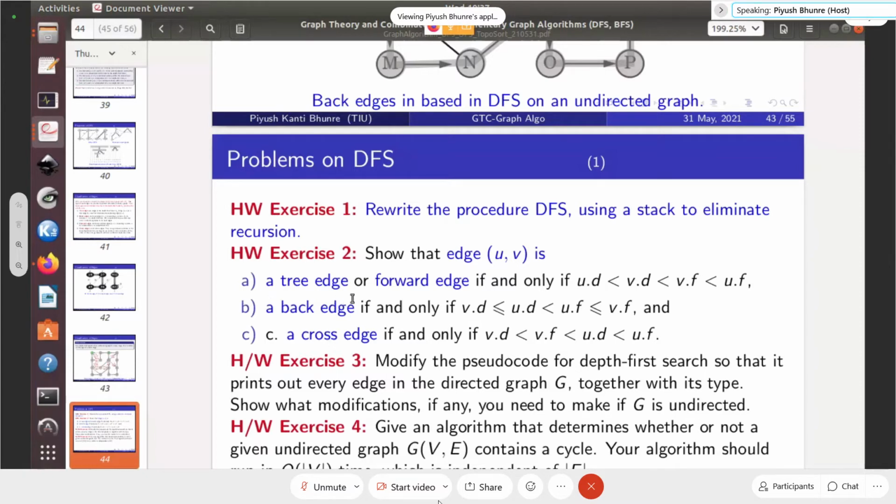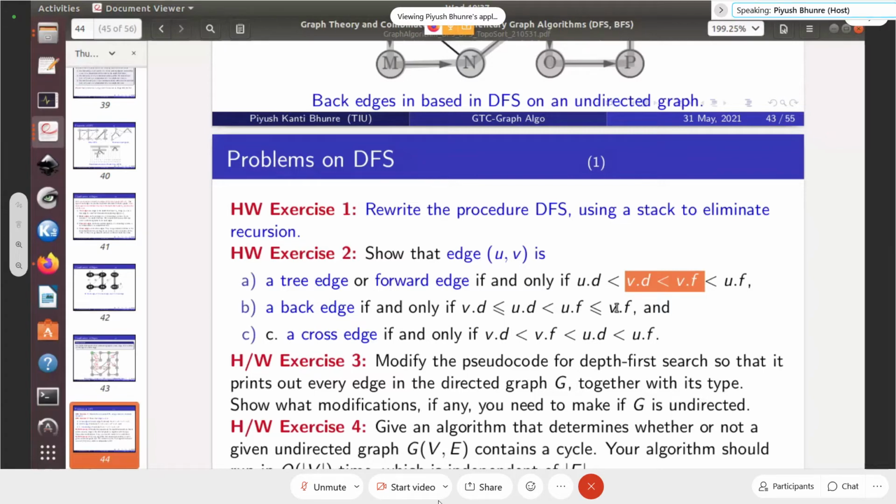A tree edge or forward edge, if and only if u.d and v.d are in strictly increasing order, so v is a descendant of u. That's why the interval for v is fully contained in the interval of u. Okay, so this is the interpretation.